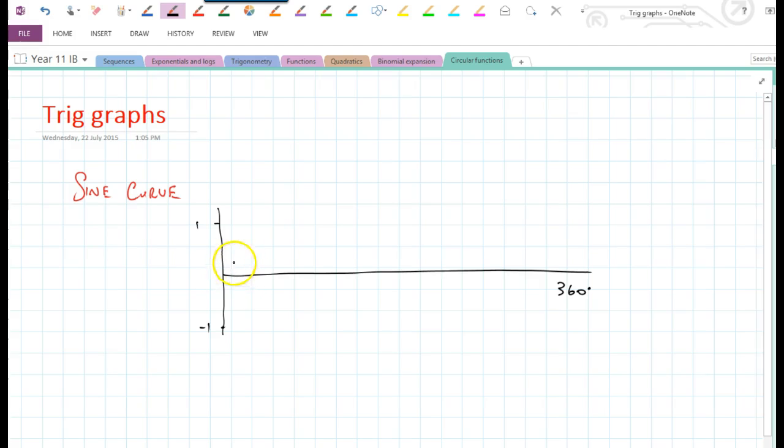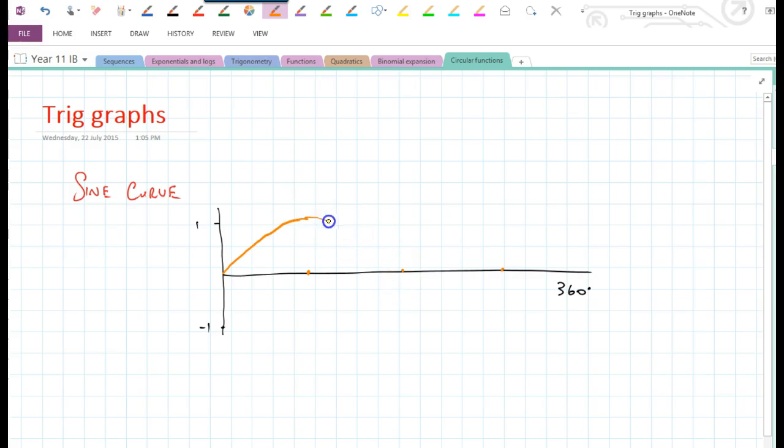So I'll mark 90 degrees, 180 degrees, 270 degrees. At 90 degrees we've got sine equals 1, so it'll go up through there, and it'll come back.